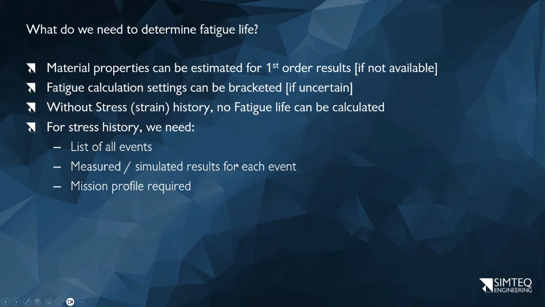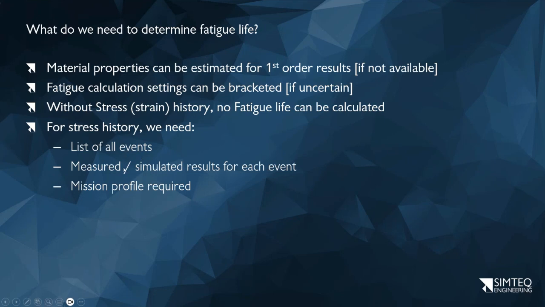We need that list of events, and then we need results for each of these events, whether it's measured, in other words, let's say I stick strain gauges on my vehicle and drive on different roads, or whether I simulate that somewhere else to find the stress for the event.